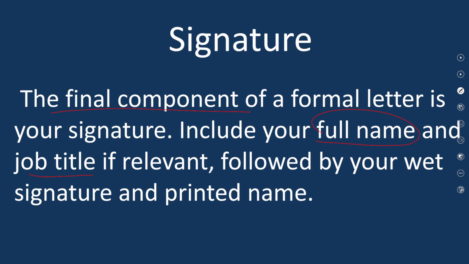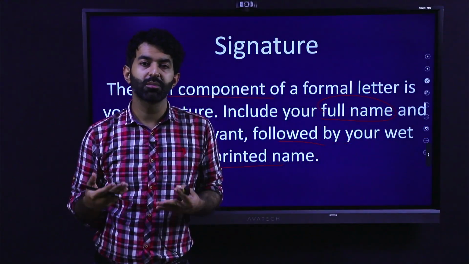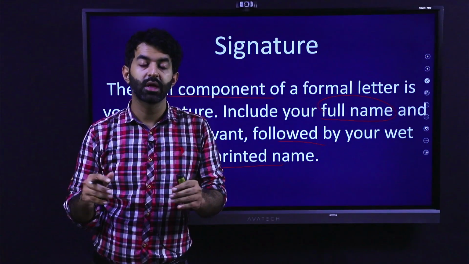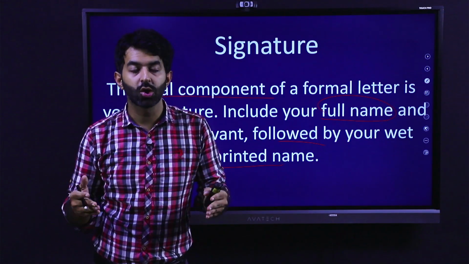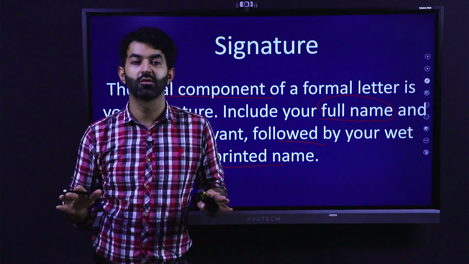And if you don't have a job, you can mention your status as a student, etc. Followed by your signature and printed name. So either you can write your signature, or put some effort into it and type your name in the printed form, and then you can make your signature to close the letter once and for all.